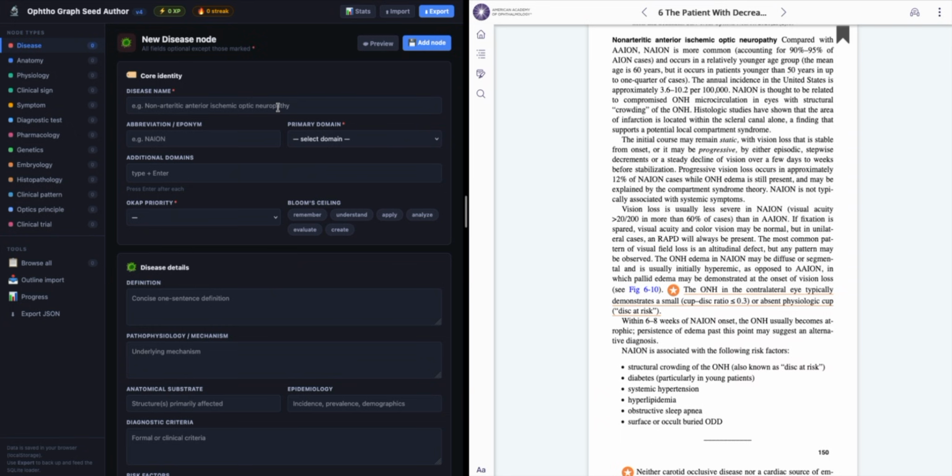All right, so we'll just start off by creating a new entry. We'll call it non-arteritic anterior ischemic optic neuropathy, and the abbreviation is NAION. Another way people abbreviate is NAAION, like that.